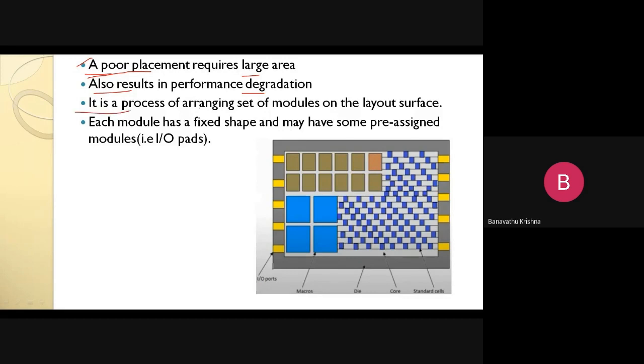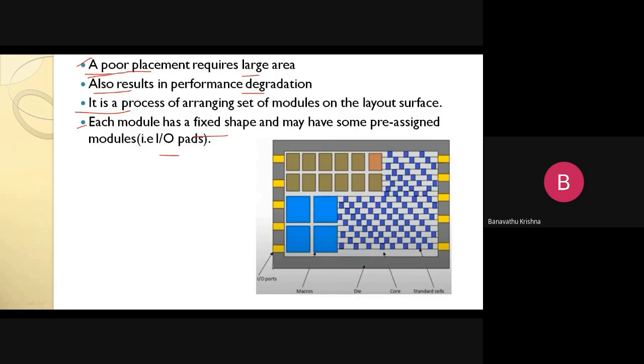So placement is the process of arranging a set of modules on the layout surface. I want to arrange the modules we have on a layout surface using certain methods and techniques. Each module has a fixed space, and some have pre-assigned positions, namely the IO blocks.